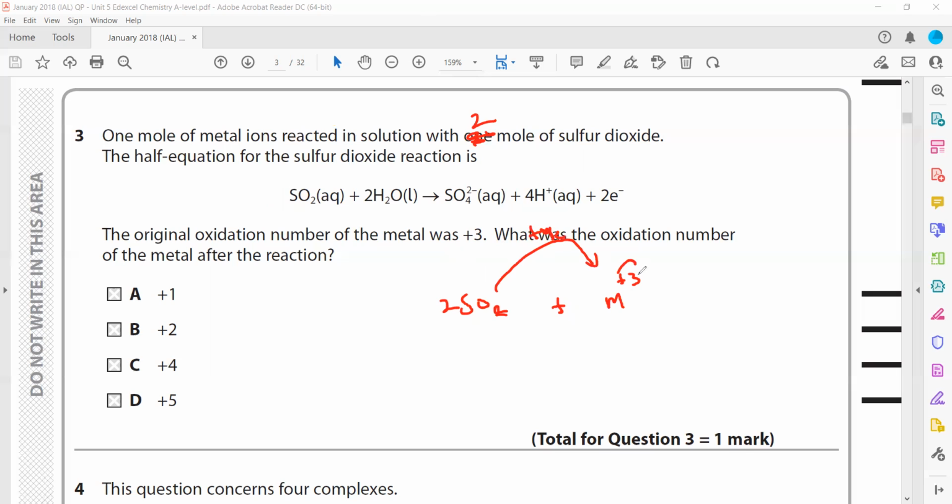And if they are losing 4 electrons, the metal should gain 4 electrons, and there will be a charge of -1.